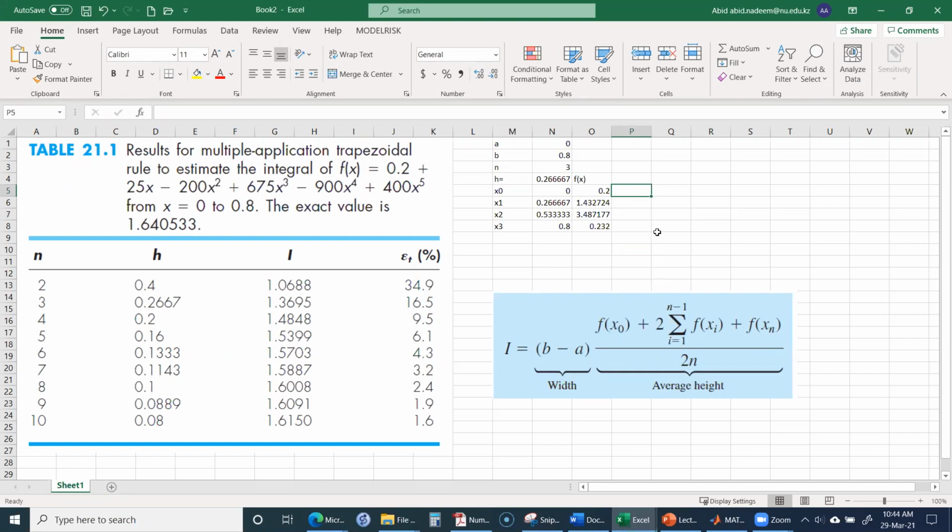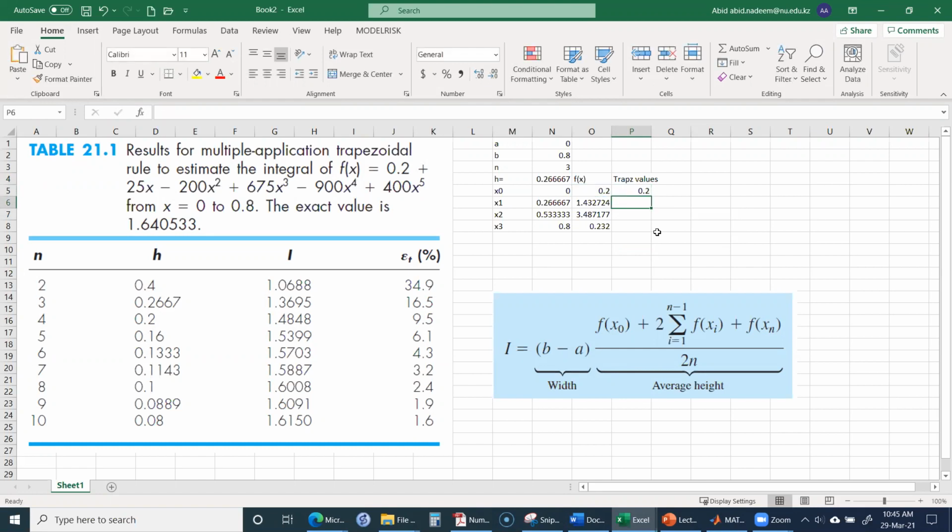So here we are going to calculate the trapezoidal values. The first value will be f of x naught, which is the same value.